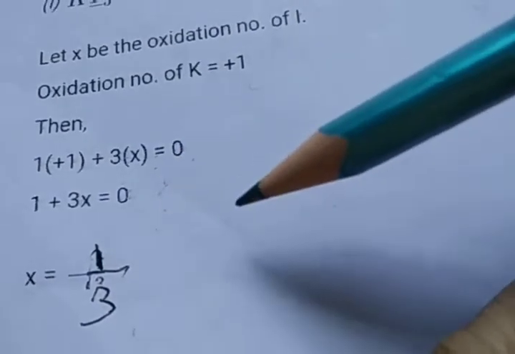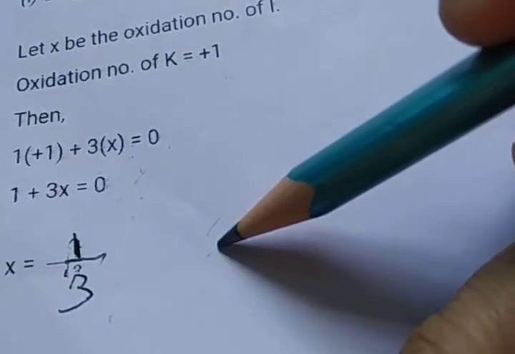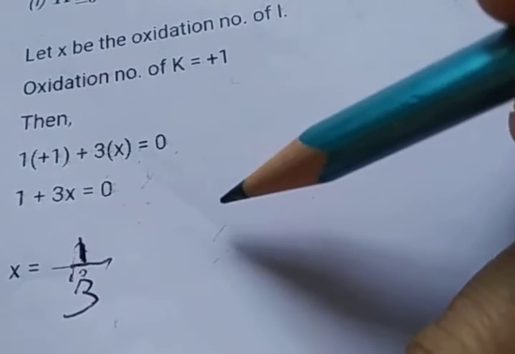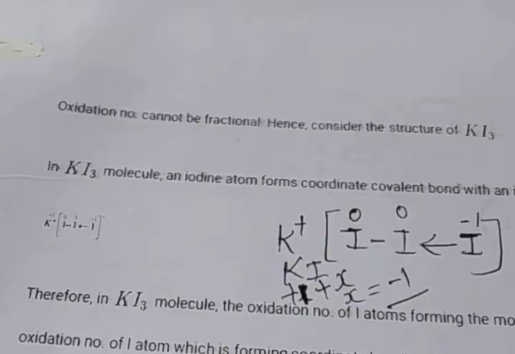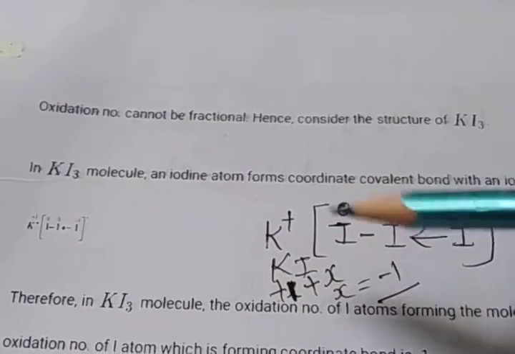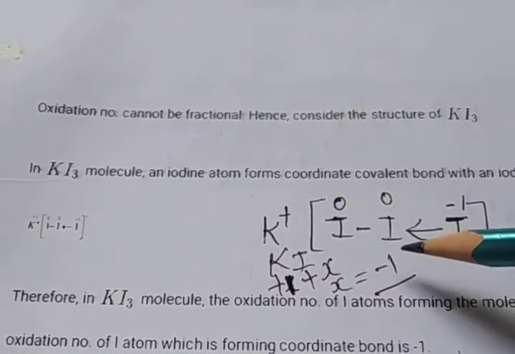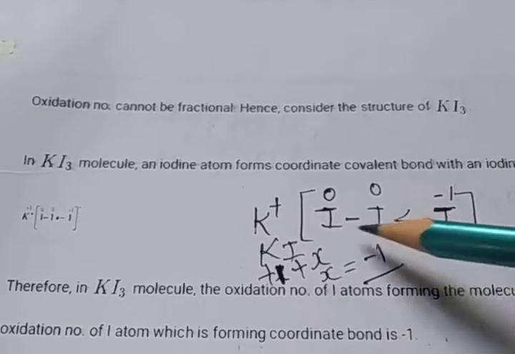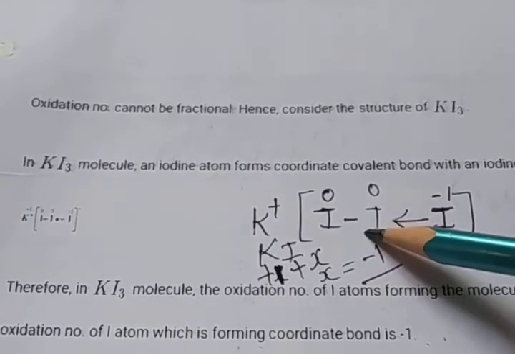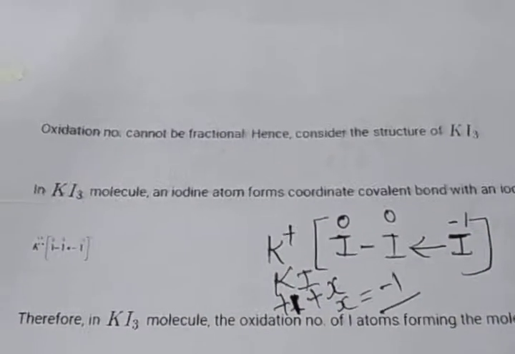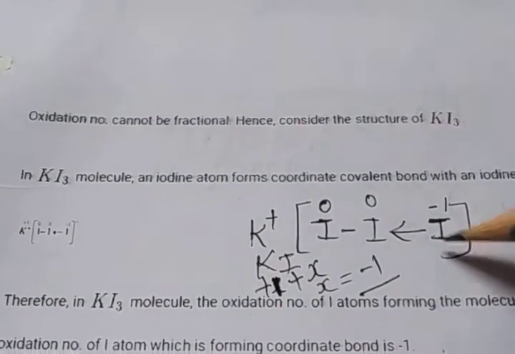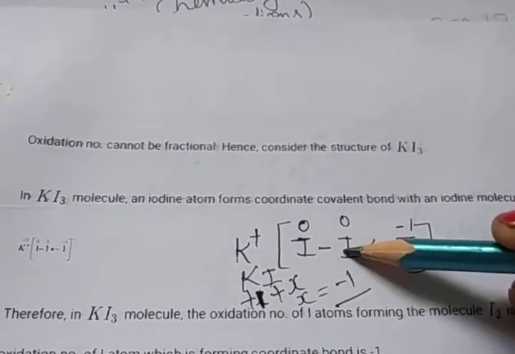But oxidation number cannot be fractional. So consider the structure of KI3. Two iodine are attached with a covalent bond and another iodine is attached with a coordinate bond. In the KI3 molecule, an iodine molecule forms a coordinate covalent bond with another iodine.